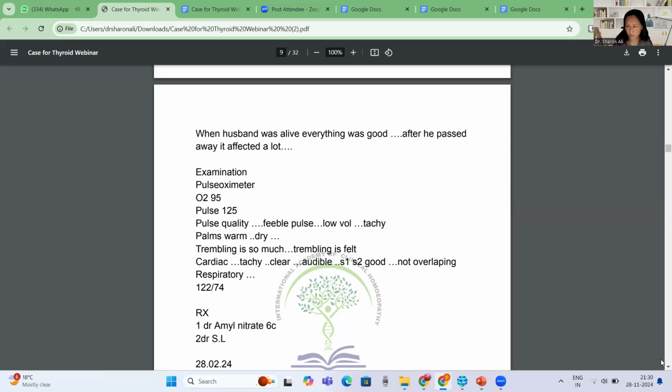Okay. So there were issues that we had to treat later. But the first thing that changed the patient completely, okay, was that the patient had got the complaints since the time the thyroid came, since the husband died.